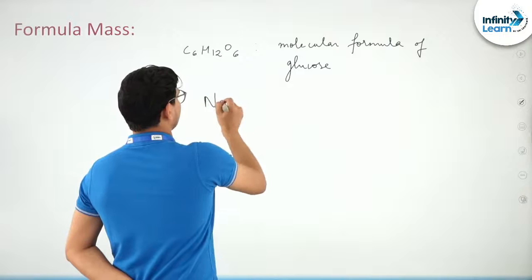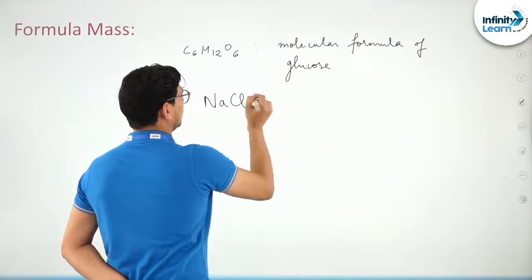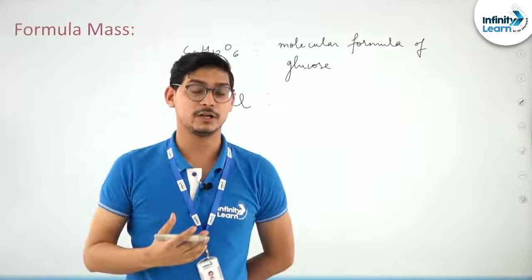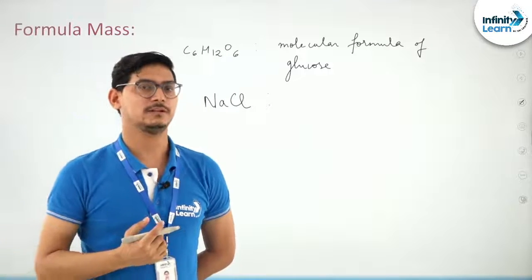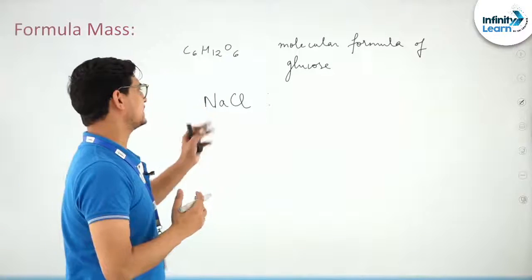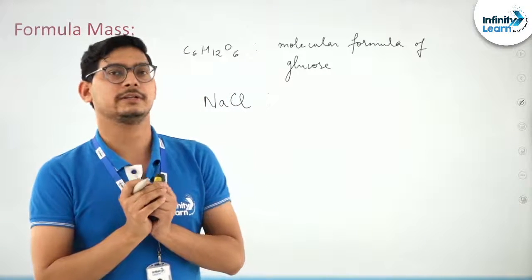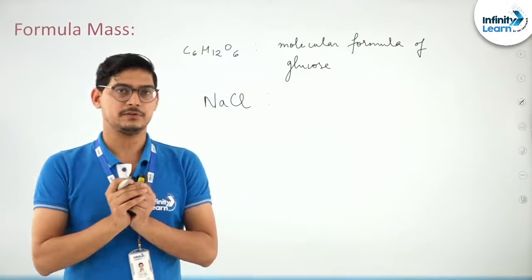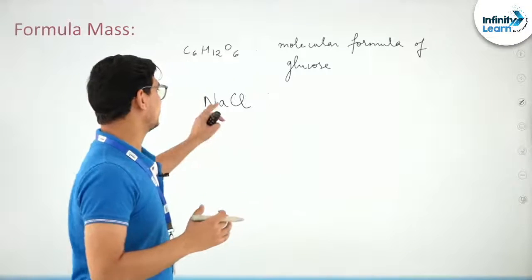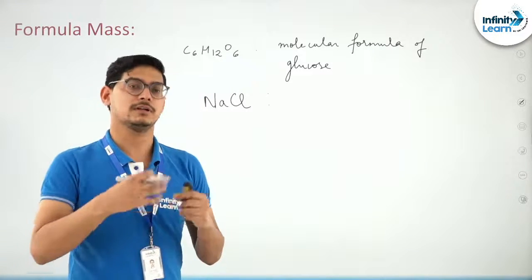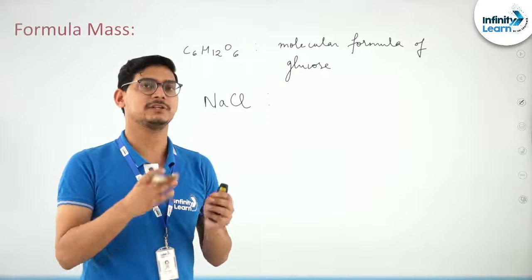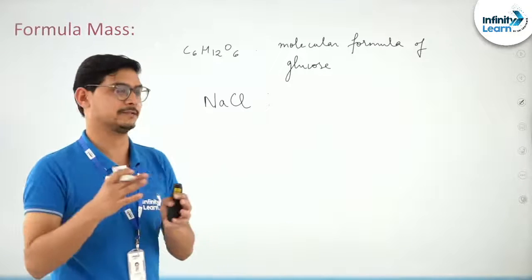Now if I ask you what is this NaCl, is it the molecular formula of NaCl? That doesn't sound right, because NaCl does not exist as a single entity in solid state, right? If you study the structure of NaCl in detail, you would learn there that NaCl consists of discrete sodium and chloride ions.